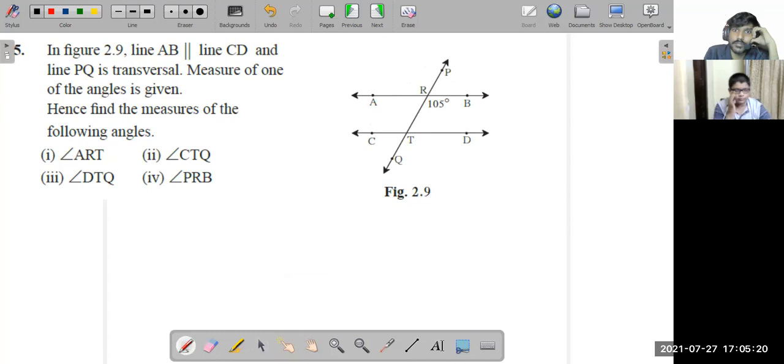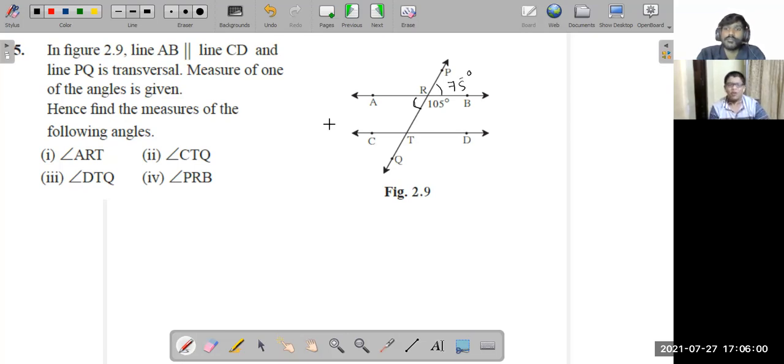Why is it 75? Because angle BRT is in linear pair with ART, so it's 180 degrees. If we subtract 105 from 180, then we get 75. So this is 75. Why is ART 75?